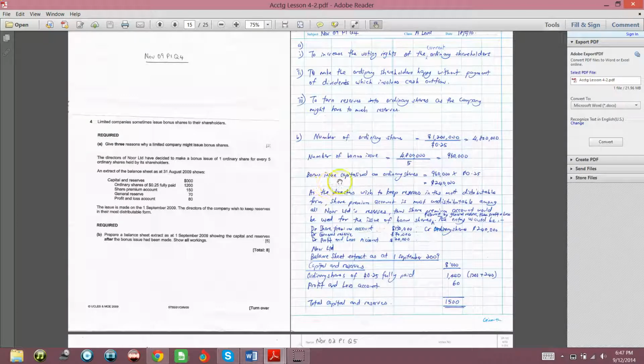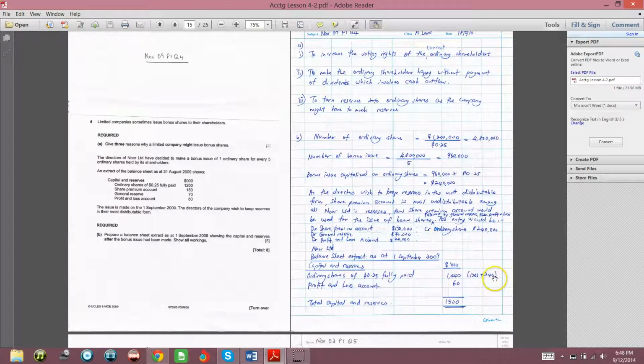What is the value of the bonus shares? 960,000 times 25 cents is 240,000. Therefore the value of ordinary shares is 1.2 million plus 240,000. And then the profit and loss account is 60.